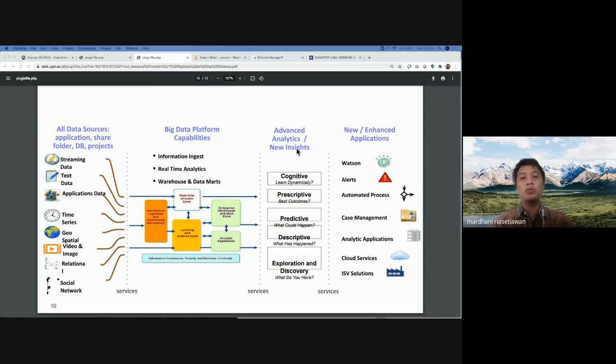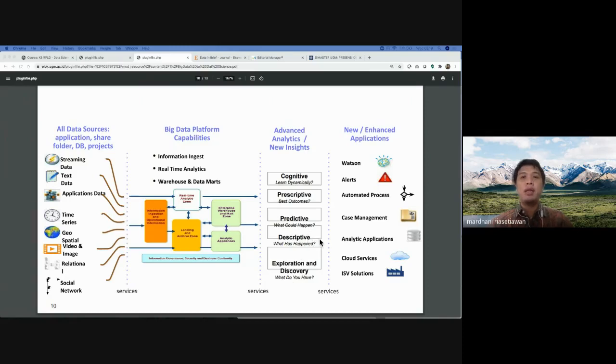Actually, this is the main data science process. So if we only discuss data science itself, we will discuss only this one. Yes, about what type of analysis that we can do in data science. You will learn about exploration and discovery analytics, or analysis. What we do in exploration and discovery is to answer the question about what do you have today, and then you do the descriptive analysis.